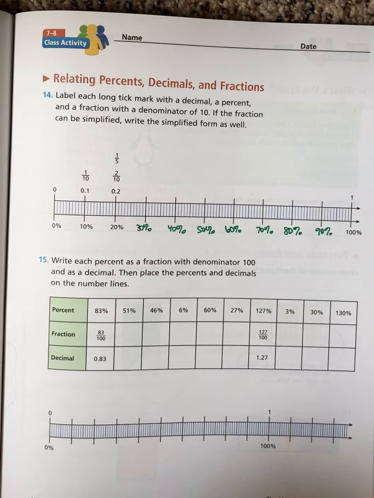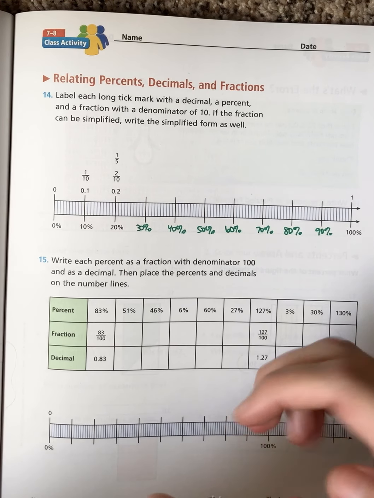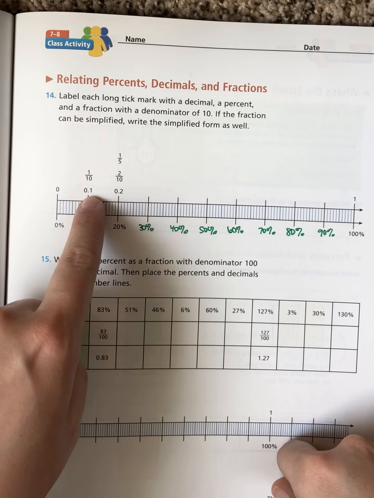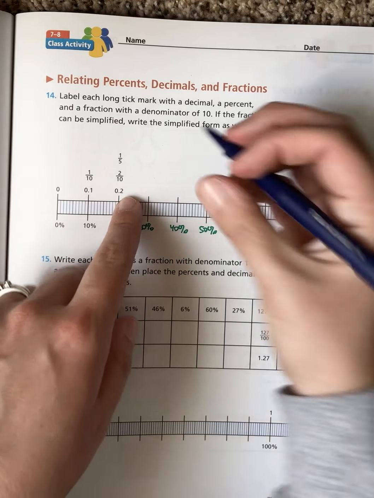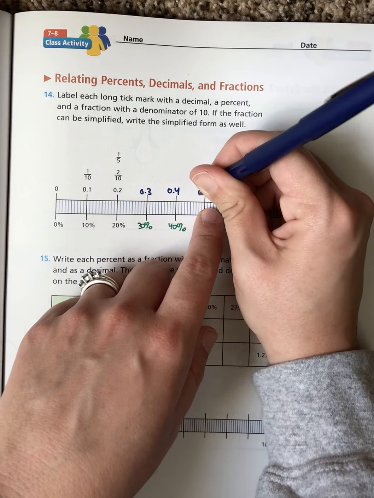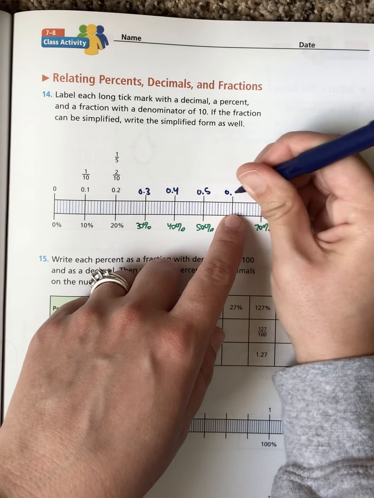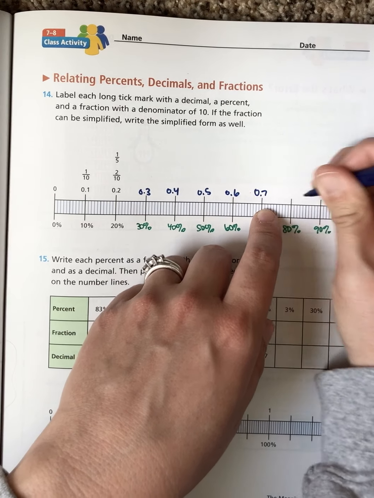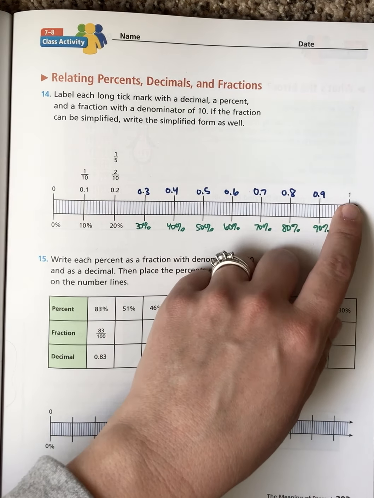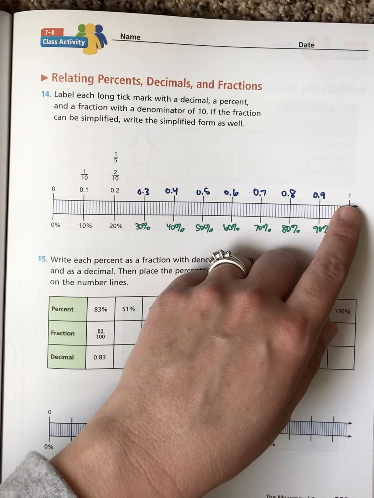Now I can do the decimals. Okay, so the decimals, they put 0, 0.1, 0.2, 0.3, 0.4, 0.5, 0.6, 0.7, 0.8, 0.9, and 1 or 1.0.